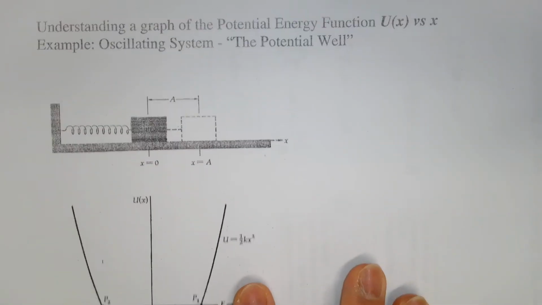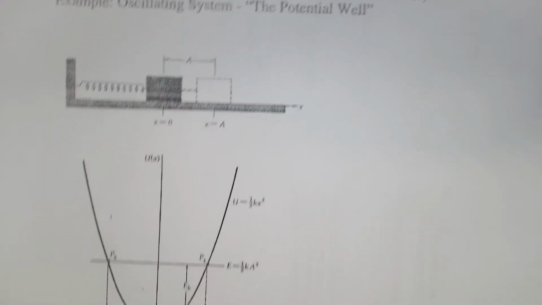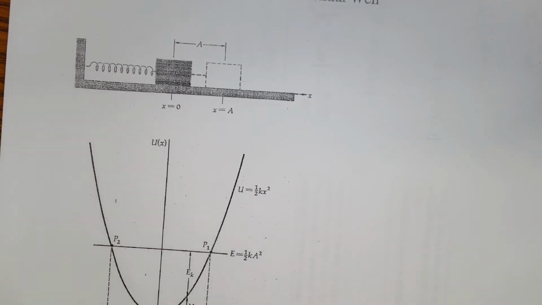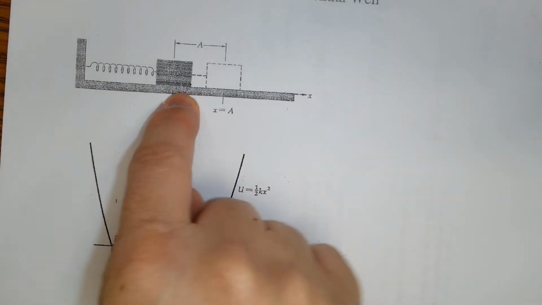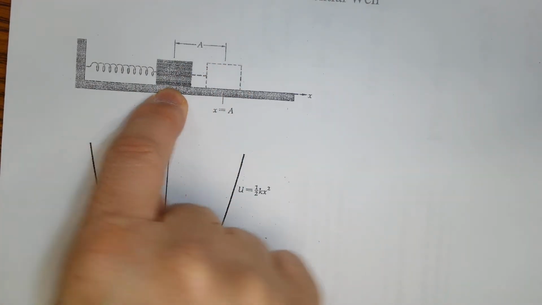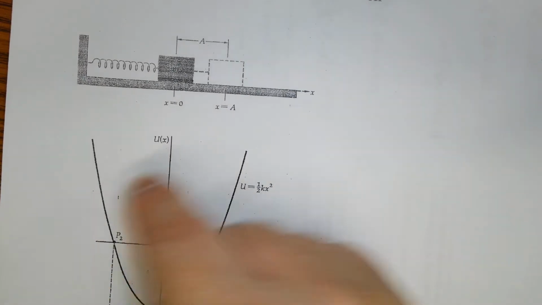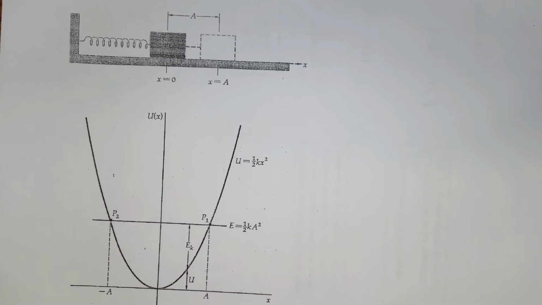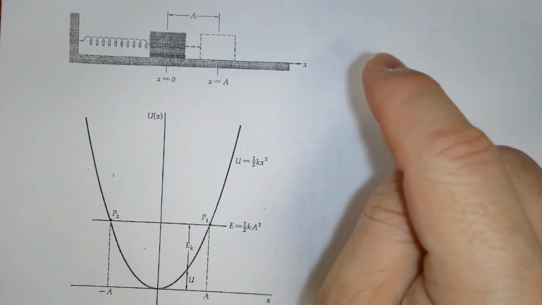All right, we're going to talk about potential well, and potential well is pretty much describing the potential energy function. Okay, so if you were to graph the potential energy function of a spring or block-spring oscillating system, then you will get a parabola like such, because the potential energy of a spring is equal to 1/2 kx squared.